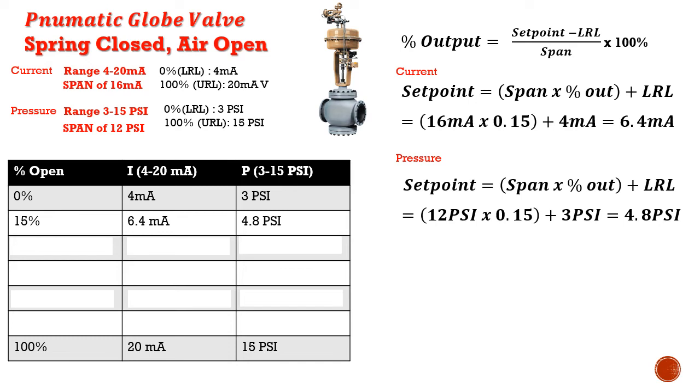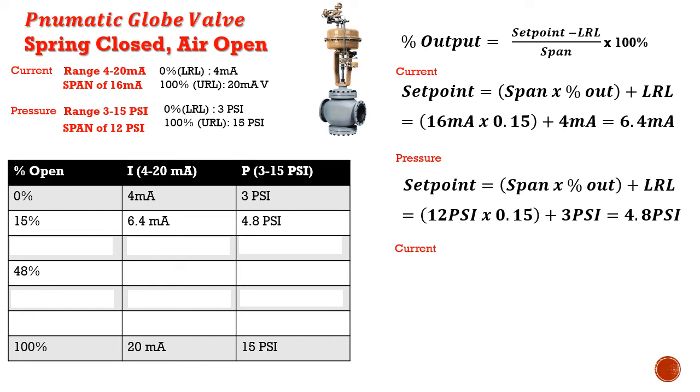So let's do one more example together. Let's take a look at 48%, which is almost half. Not quite half, but almost half. So if we were to guess where it would be, we have a 16 milliamp span, half of that is 8, add 4 in.